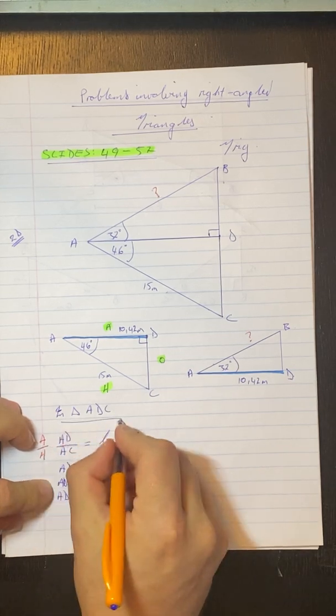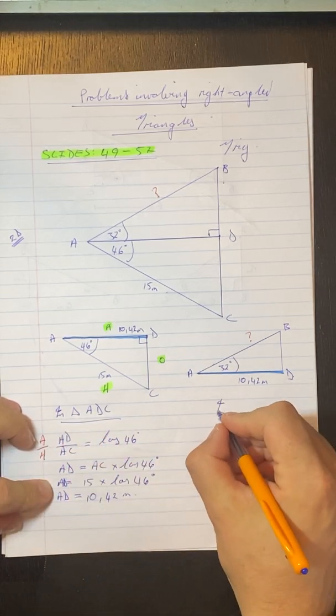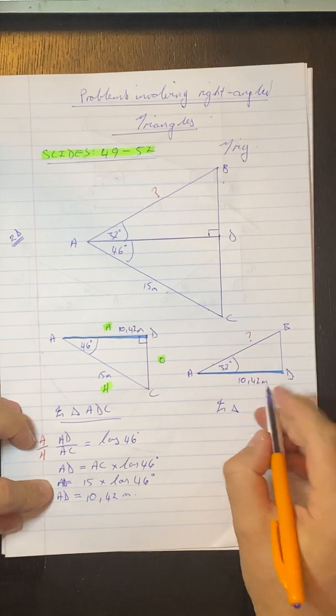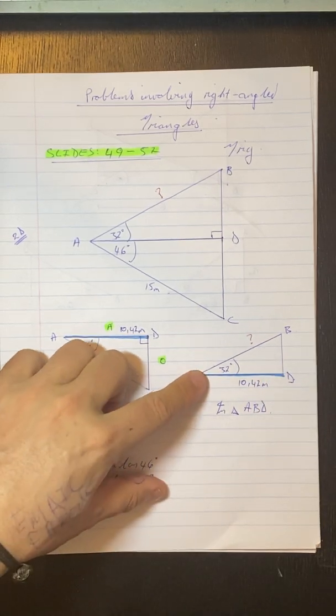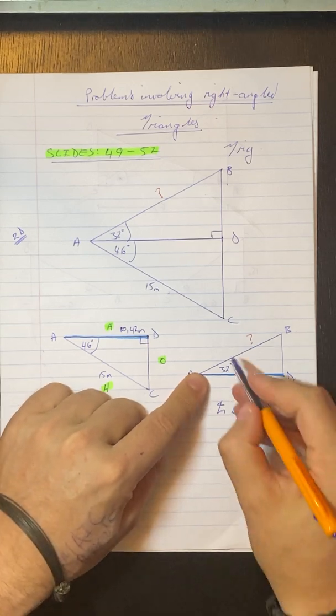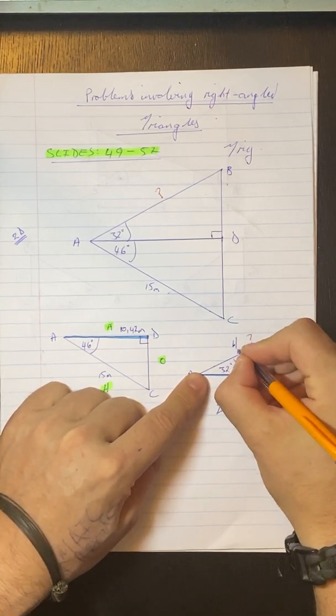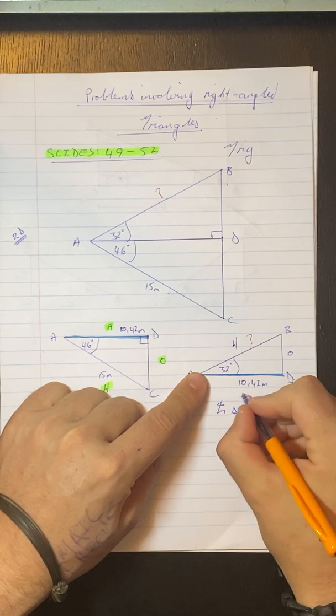Now I'm going to work in this triangle here. In triangle ABD, I'm going to work with the angle that we know. So this here would be your hypotenuse, opposite, and adjacent.